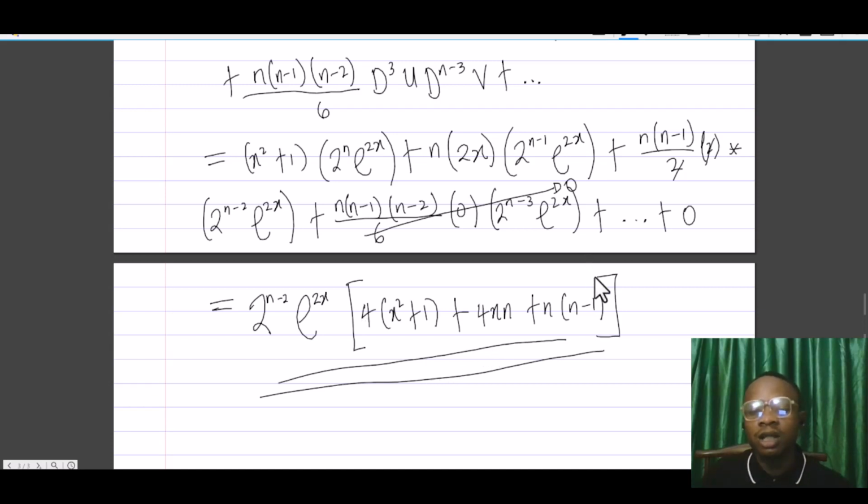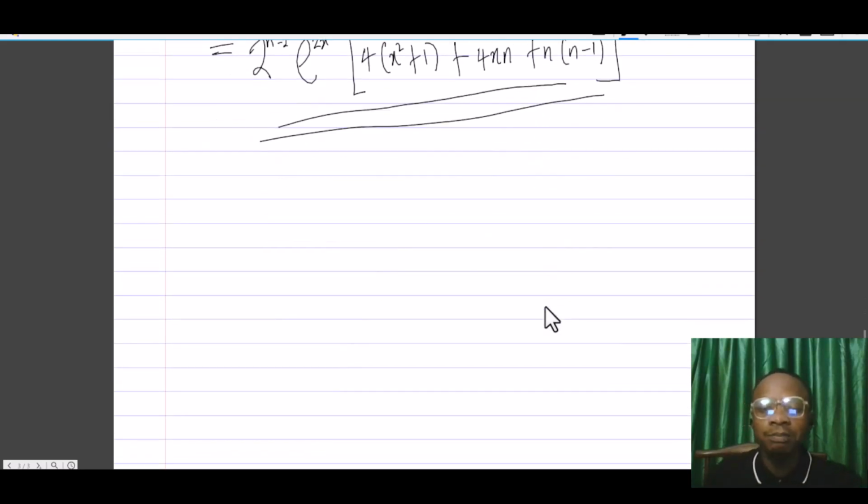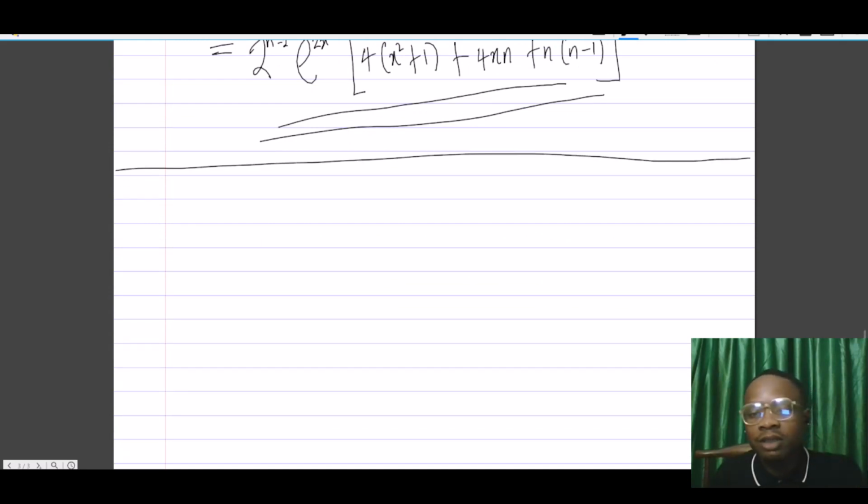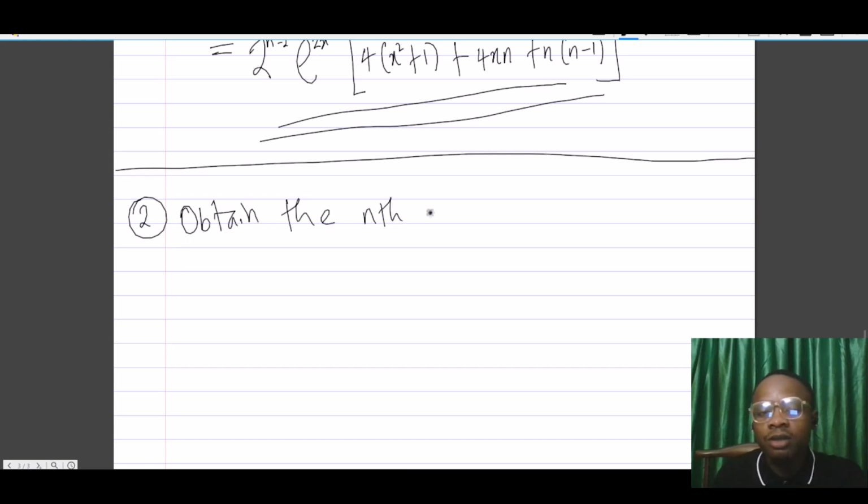Let us consider another problem where we still have to apply the Leibniz formula. So this will be problem 2. We still want to obtain the nth derivative of another function, which is a product of two functions.